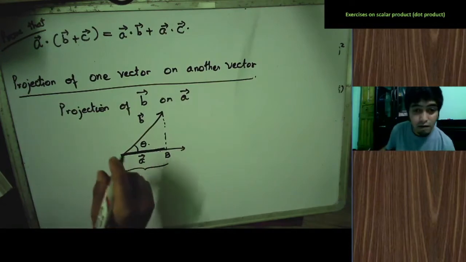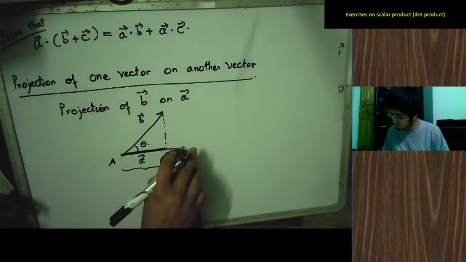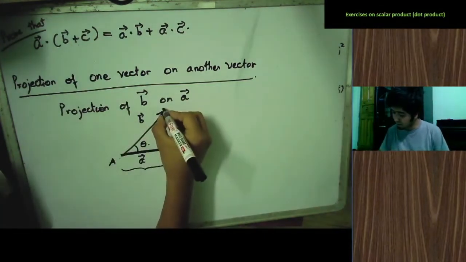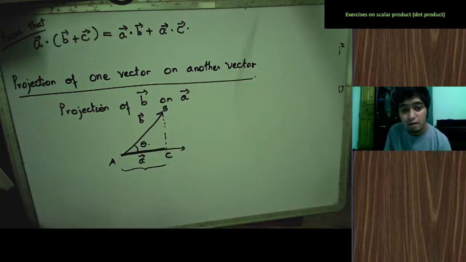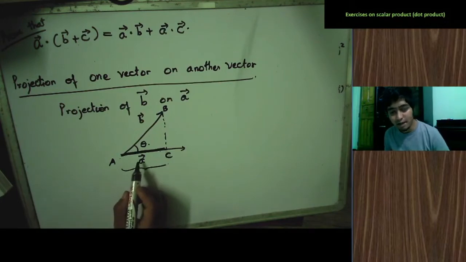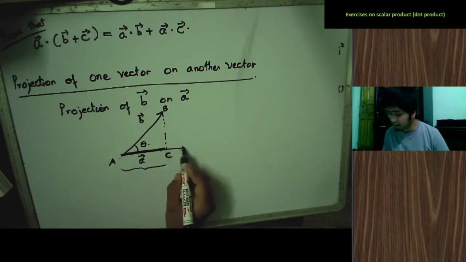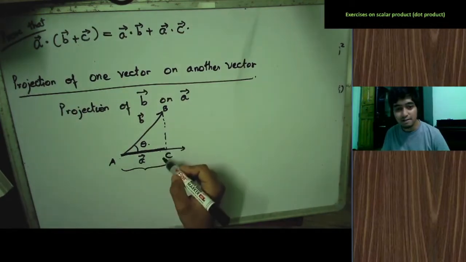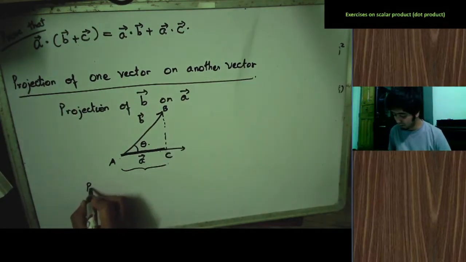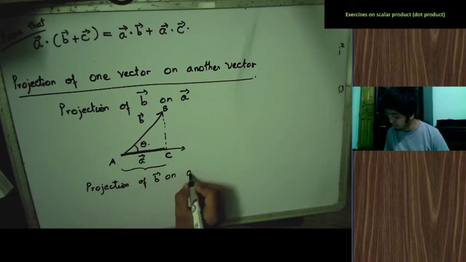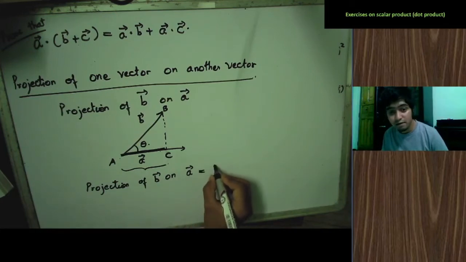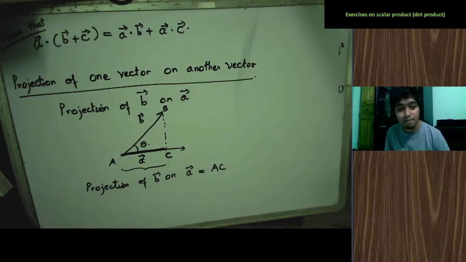A, B, C. Just remember that A is this whole vector, whereas the projection is just AC. The projection of B on A is this shadow AC.